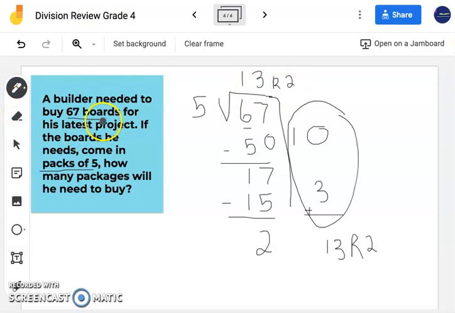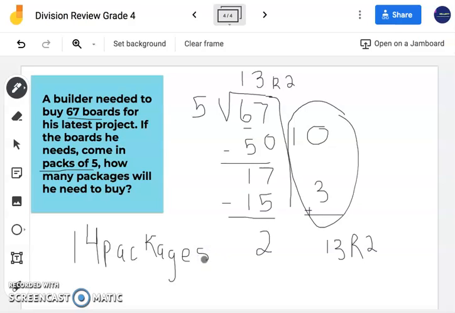We need all 67. So if we buy 13 packages, we're forgetting about that 66th board and the 67th board. But if I bought 14 packages, then I wouldn't have anything left over. In fact, I would have some extra, but that's okay. It doesn't matter if we have some extras, but we would be including all 67 boards.